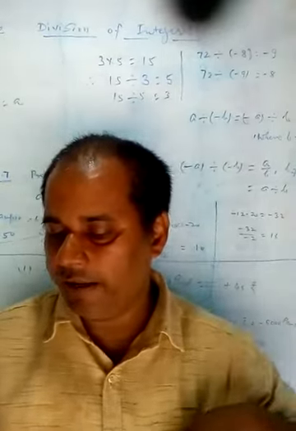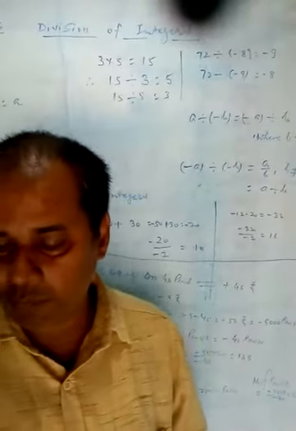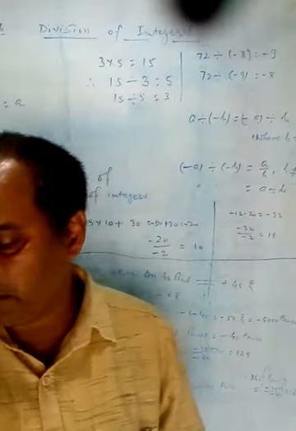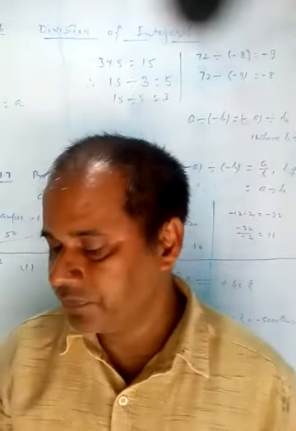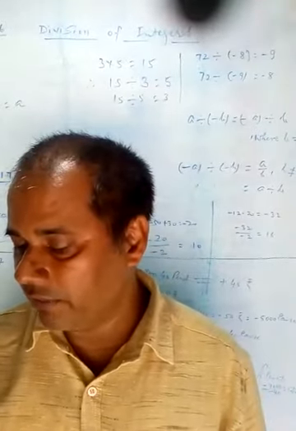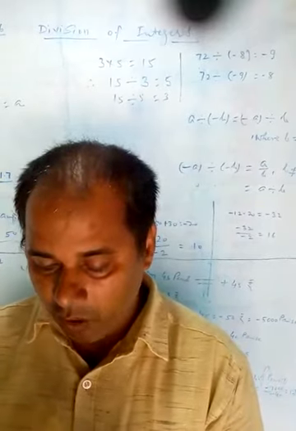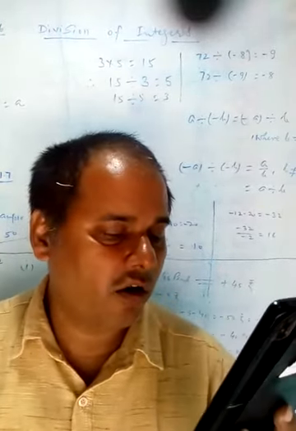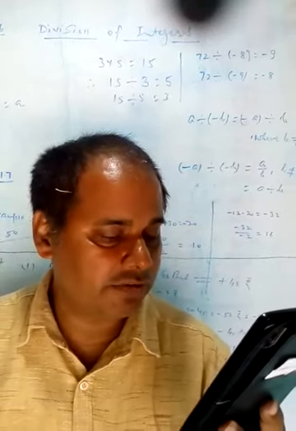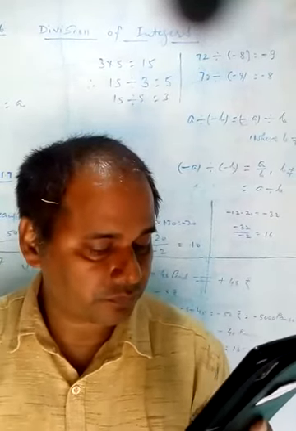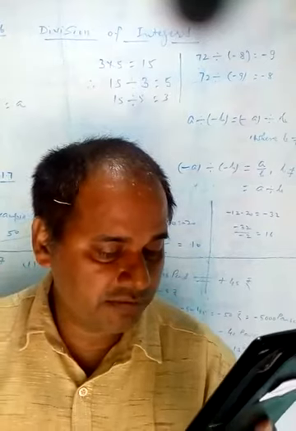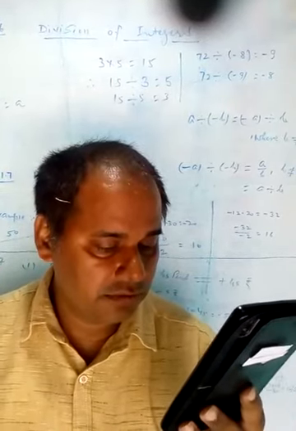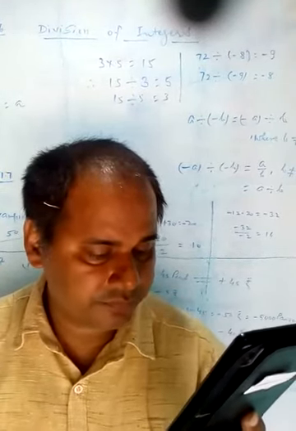Our next point is 1.7 properties of division of integers. Observe the following table and complete it. What do you observe? We observe that integers are not closed under division. Statement is given, inference is given.